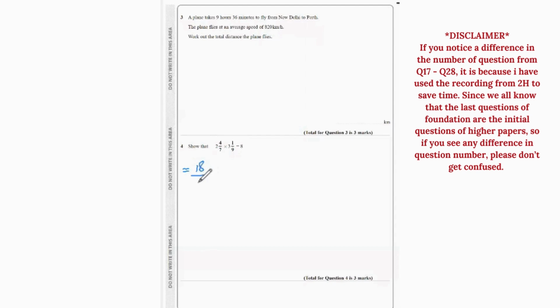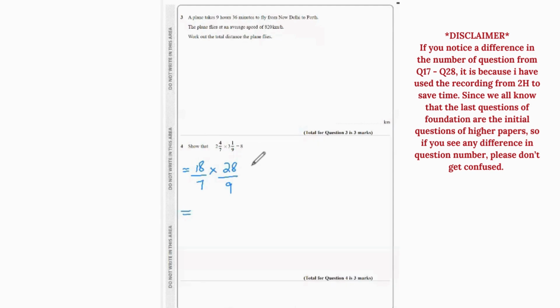So 18 over 7 times, same step, multiply the denominator with the whole number. So 9 times 3 is 27. Add that to the numerator. So 27 plus 1 is 28. So we have 18 over 7 times 28 over 9. Now, whenever we have fractions being multiplied, you can simplify the fractions vertically and diagonally, not horizontally.